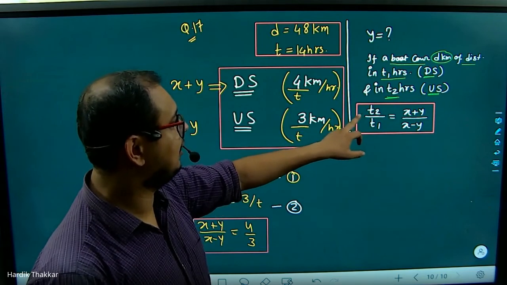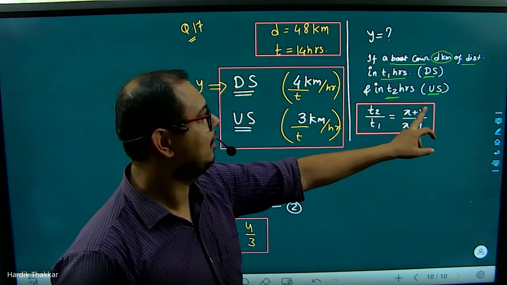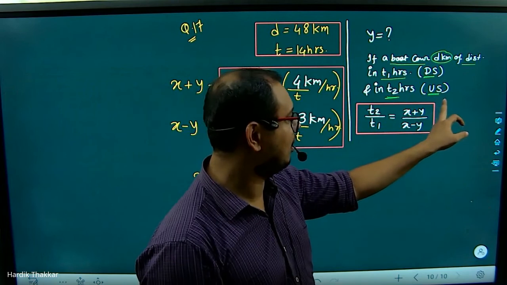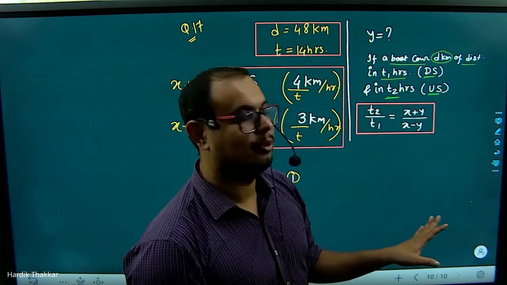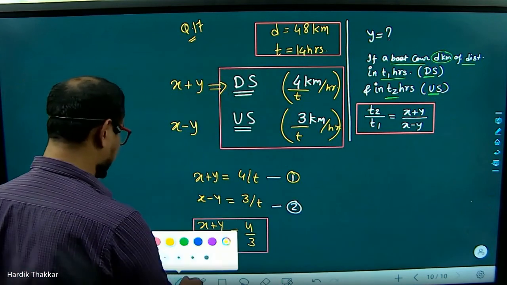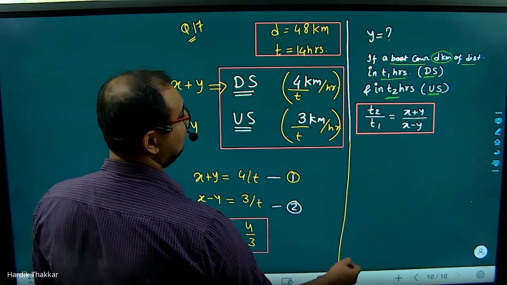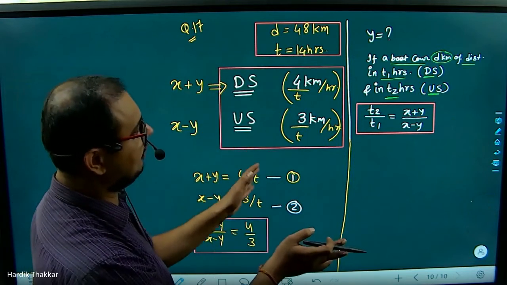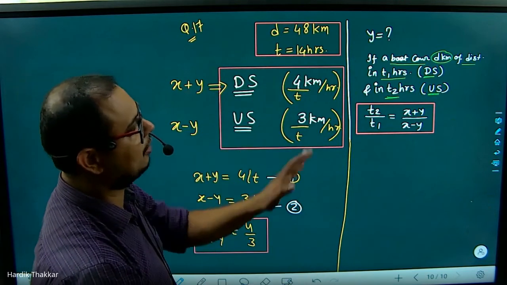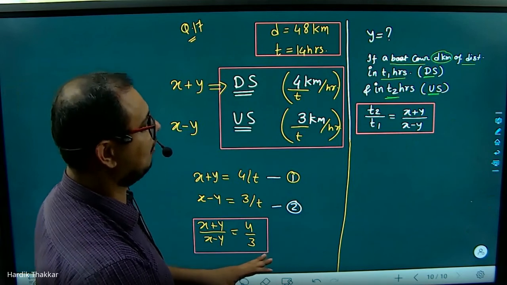This t2 is the time for upstream, and this t1 is the time in case of downstream. So this t1 and t2 are the times for the two different cases, one is for upstream and the other is for downstream.